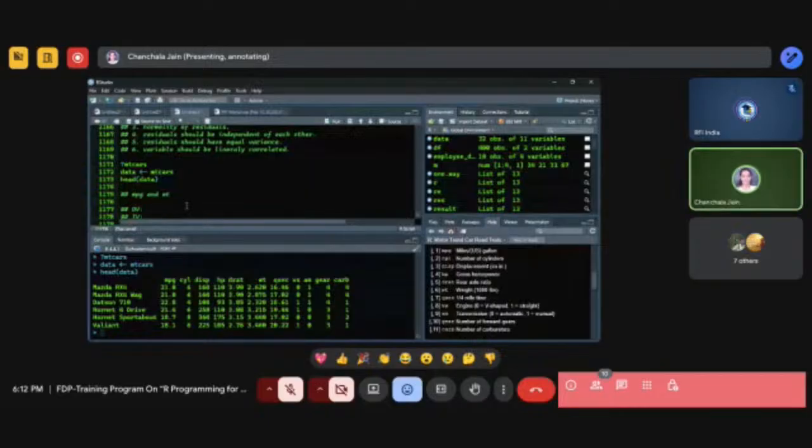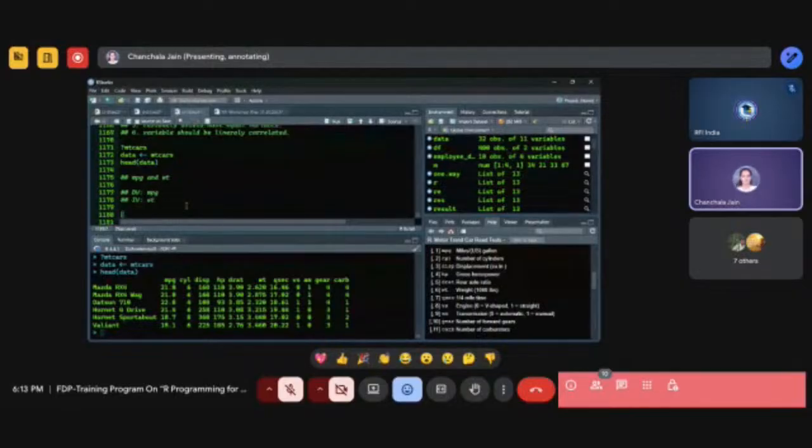MPG is the dependent variable. Very good. Thank you. MPG is the dependent variable, so it is quite obvious. Weight will be the independent variable.